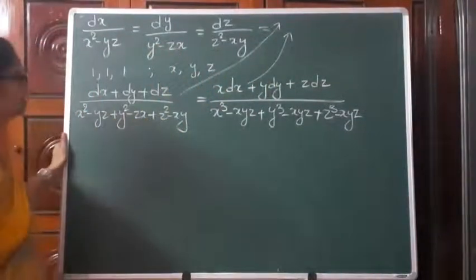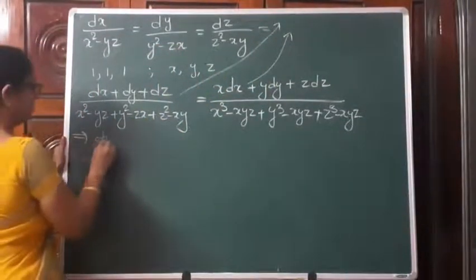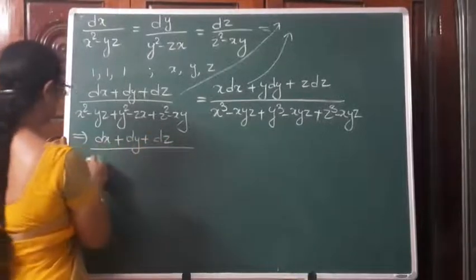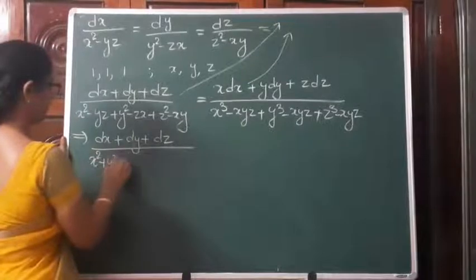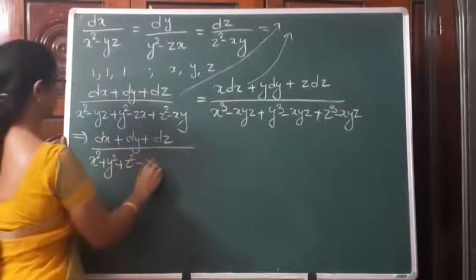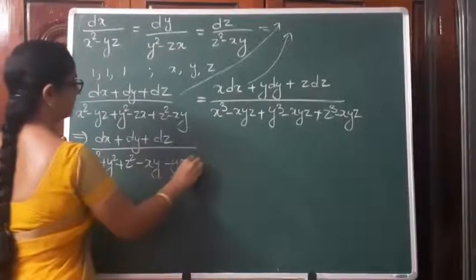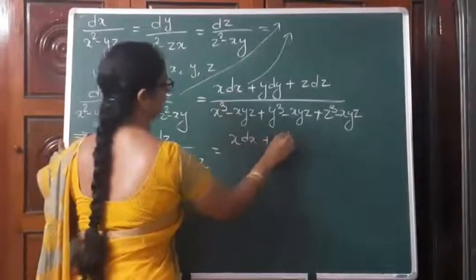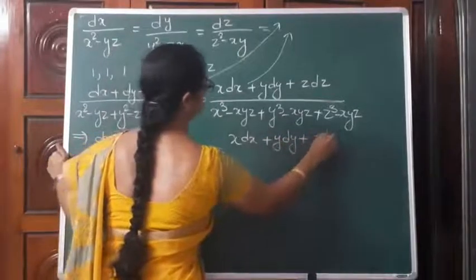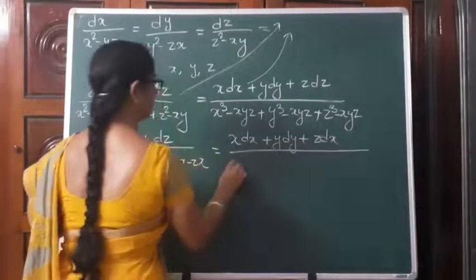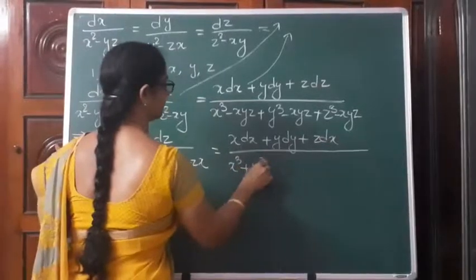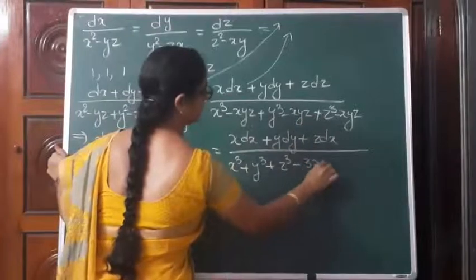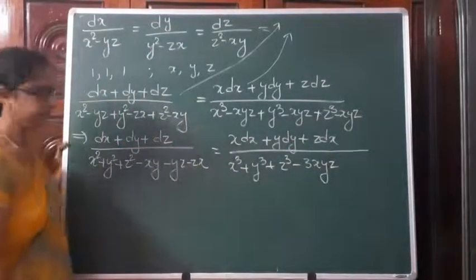Now let us simplify them. dx plus dy plus dz divided by x square plus y square plus z square minus xy minus yz minus zx is equal to x dx plus y dy plus z dz divided by x cube plus y cube plus z cube minus 3xyz.